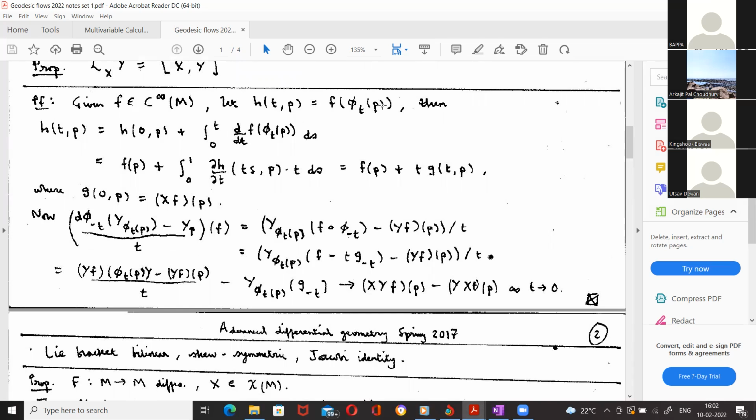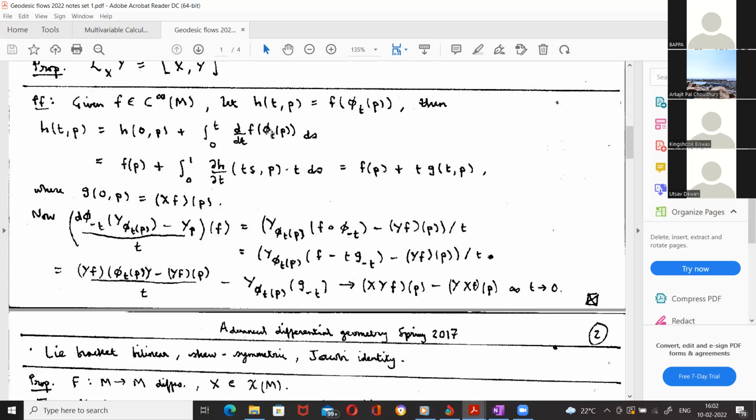Then by the fundamental theorem of calculus applied to the t variable, I can write h of t,p as h of 0,p plus the integral from 0 to t of d/ds of f of phi s of p ds.